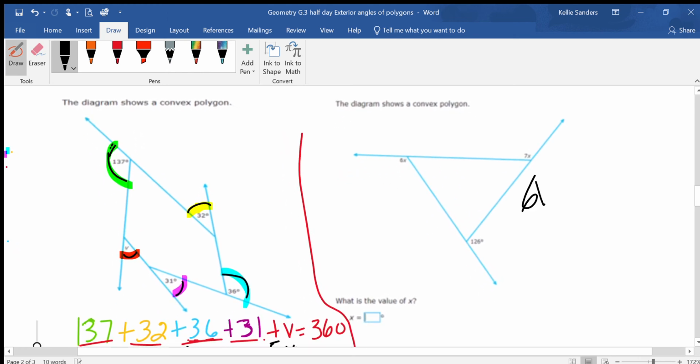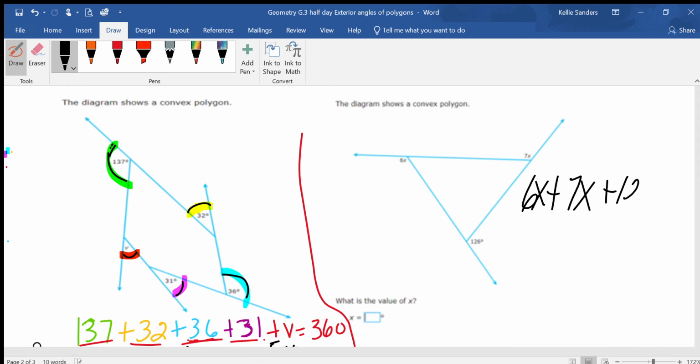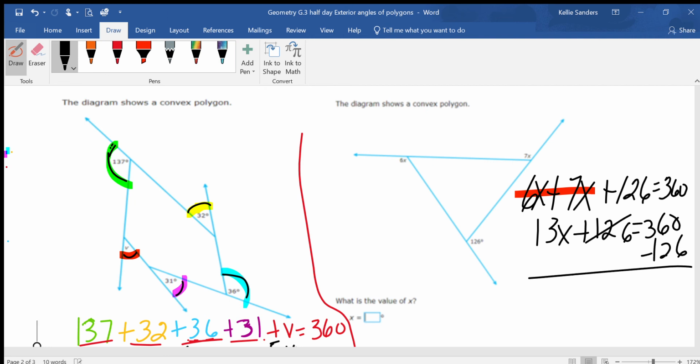Same thing. We have a 6x, we have a 7x, and we have a 126. All of them are on the outside, so all of them add up to 360. Those are like terms, so that would be 13x plus 126 equals 360. Subtract the 126, bring the 13x down, and that would be 234.